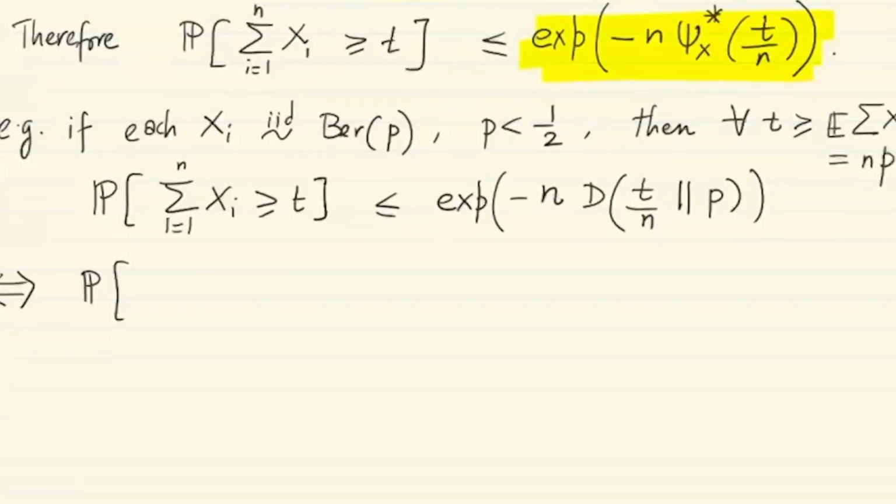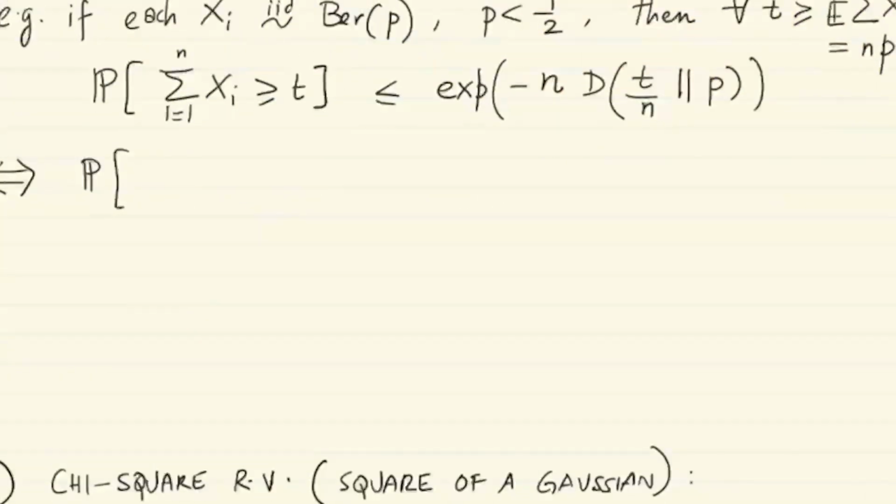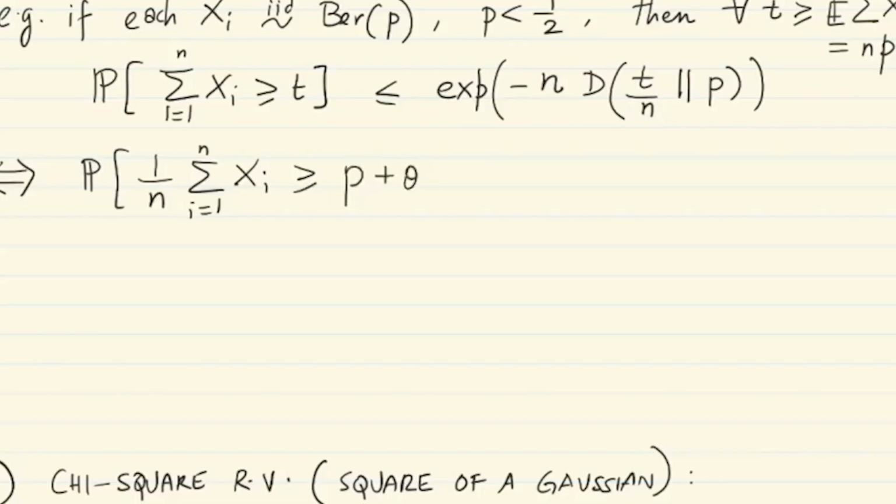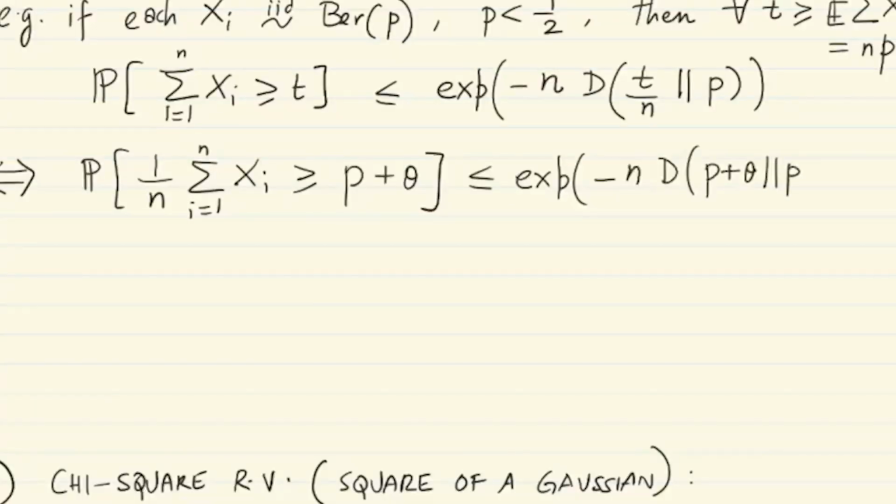We have the following bound, and one can just divide by n throughout and reparameterize to get the following result. So the probability that the sample mean of n Bernoullis exceeds the true mean p plus a positive number theta is at most e raised to minus n d of p plus theta relative to p, okay, for theta greater than 0.